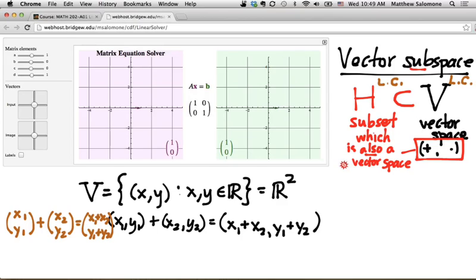The distinction between writing an element of a vector space as a column, as we've done over here, versus writing it a different way, as we're doing over here, is a distinction we're going to work on in Chapter 4. Because, as we'll talk about starting tomorrow, I believe, writing your vector as a column vector is really writing what we would call coordinates of these elements, compared to just writing the elements themselves.